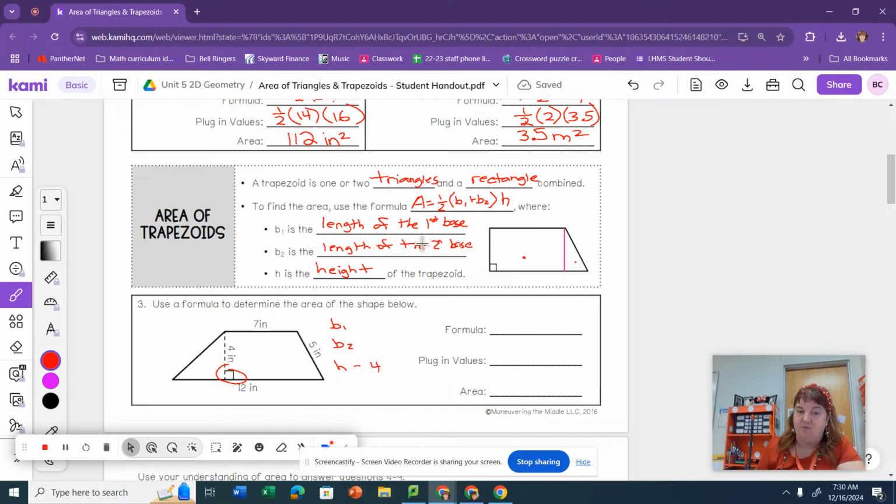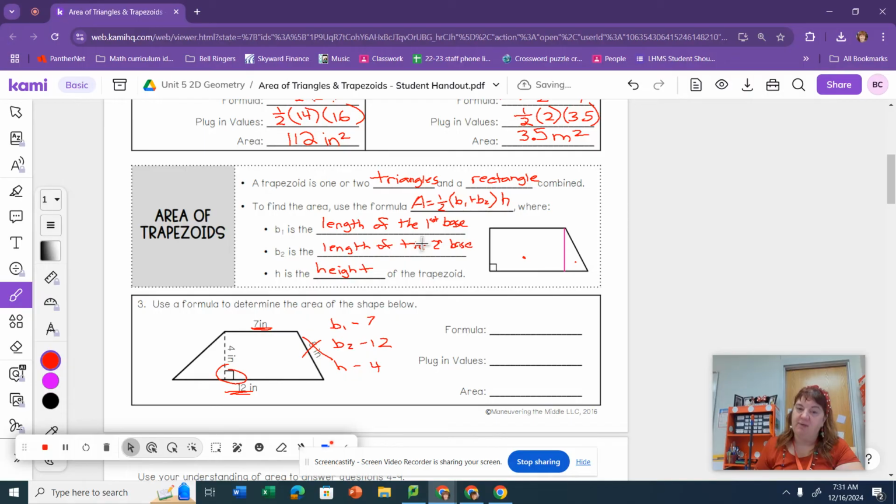So I know that's 4, okay? Then from the height, you should be able to see the bases because the bases are going to go between the height. This is not information that you need, okay? So my base 1 can be 7 right there, and my base 2 can be 12.